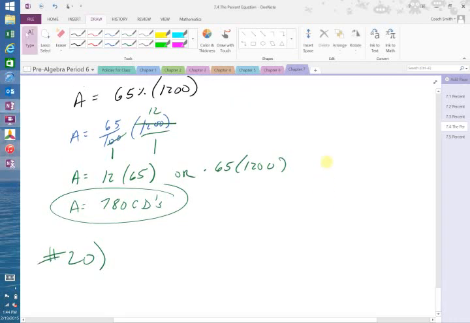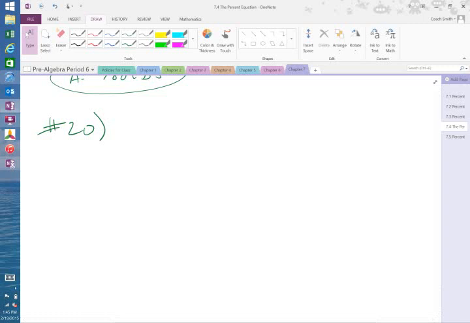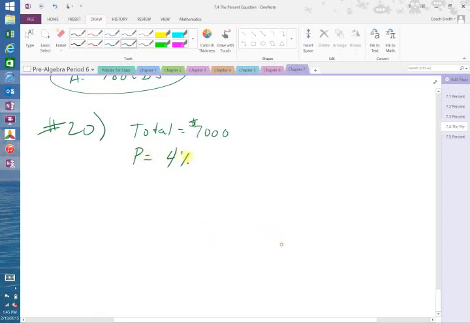All right. Number 20 says a salesperson can earn 4% commission on sales of televisions. If the salesperson's television sales total 7,000, how much is the commission? They've used the key word total. The total he sold was 7,000. The P is 4% of that, and the A, which is what his commission was, is what we don't know.